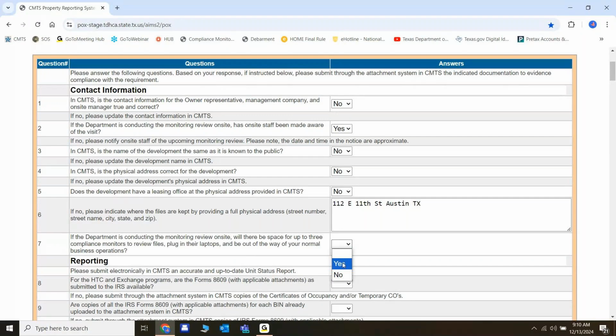So it is important that you answer that for us, because if the answer is no, and we do have 3 monitors planned to go on that trip, the lead monitor might reach out to you and see if there's maybe a better location for us to meet, maybe at our hotel lobby, maybe somewhere else where you can bring the files in, or maybe we send 2 other monitors, we move another review up, send 2 monitors to go start that review, and one of us gets dropped off at your property. We will make arrangements, but we just need to know what our situation is.